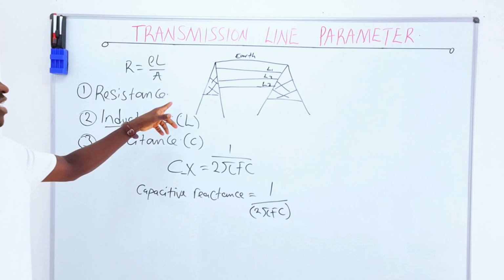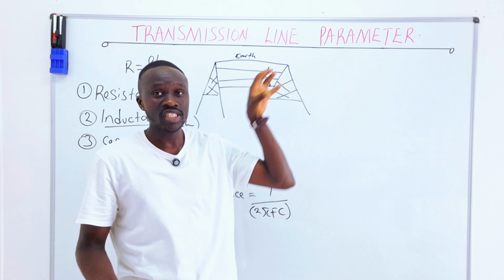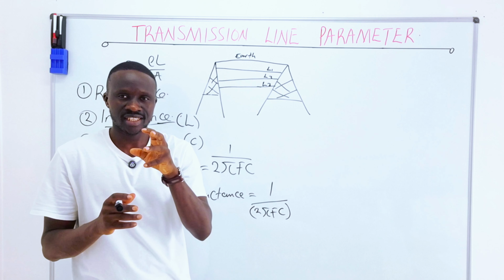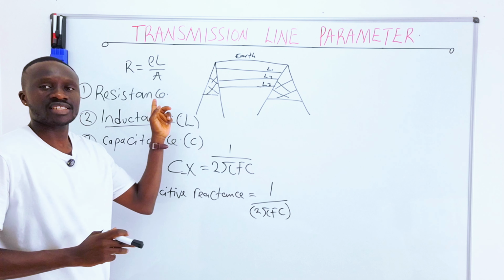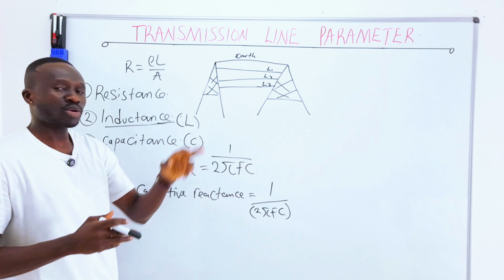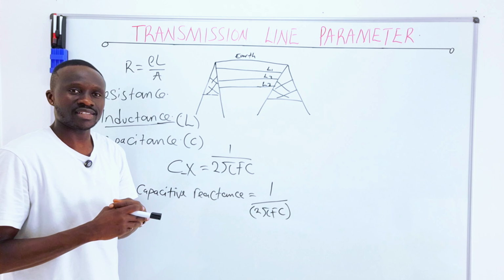But the main parameter which affects the characteristics of transmission lines, which affects the electricity in the transmission line, is the resistance. Resistance causes most power losses in these transmission lines.